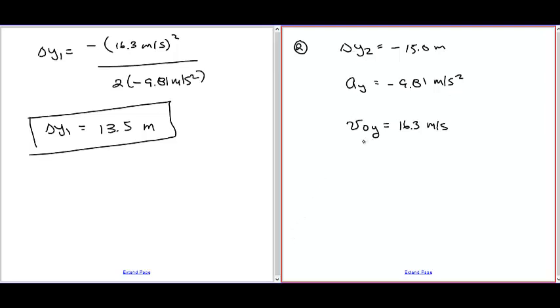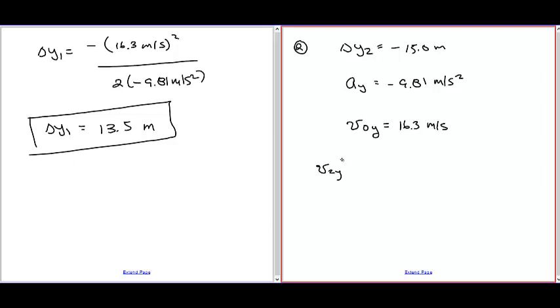So these are the three things I know. And what are they asking for? They're asking for the speed of the rock just before it strikes the ground. So we need to calculate the velocity. We're looking for v sub 2y. And we know all that.